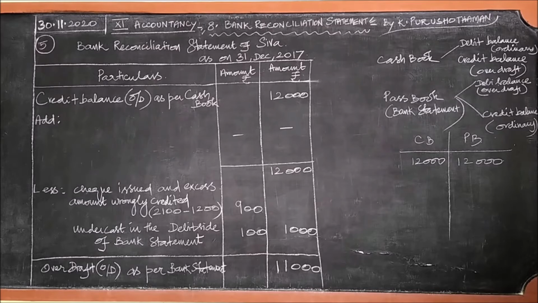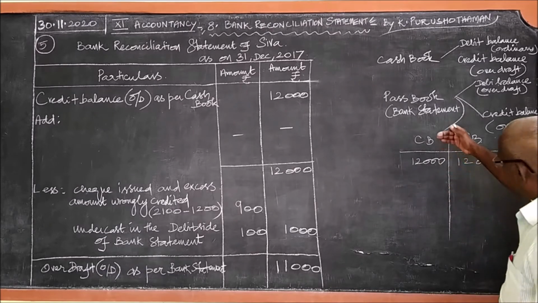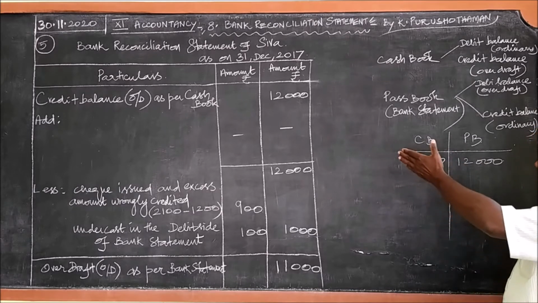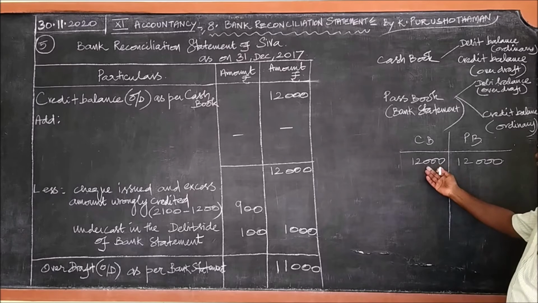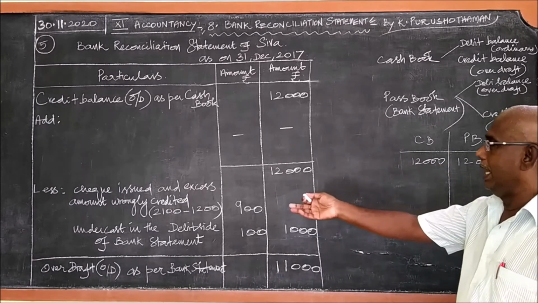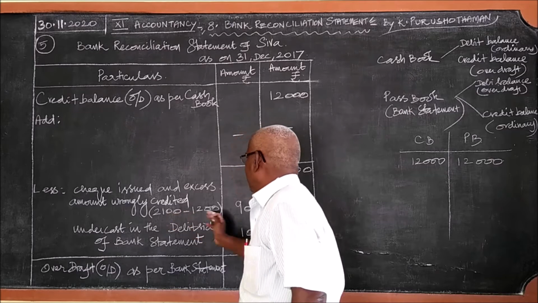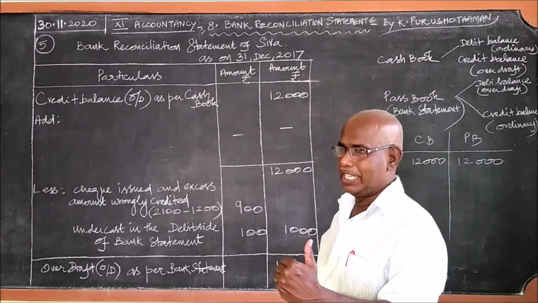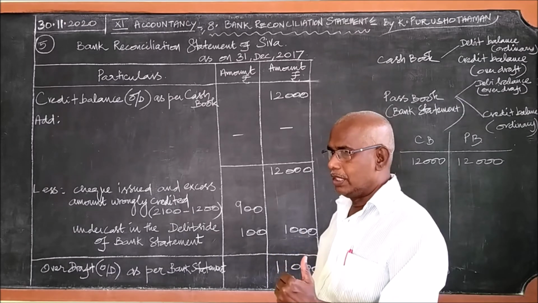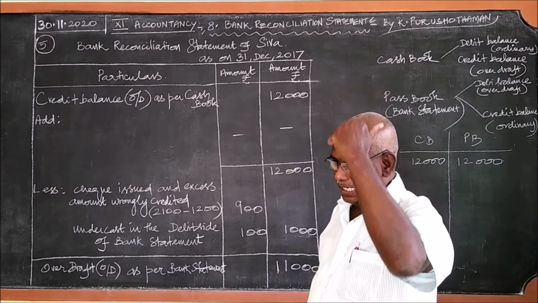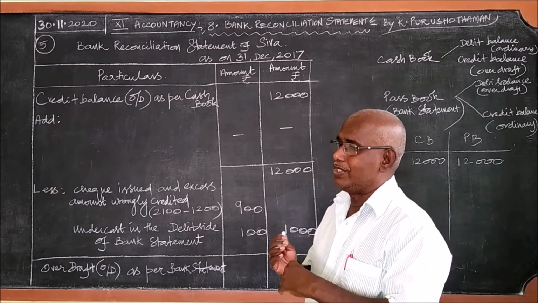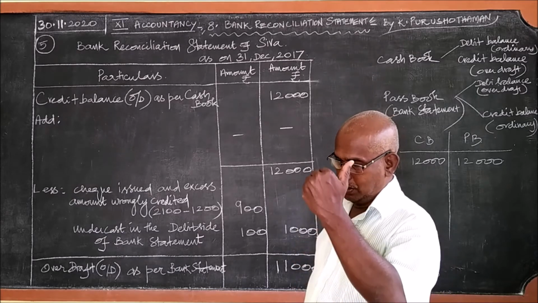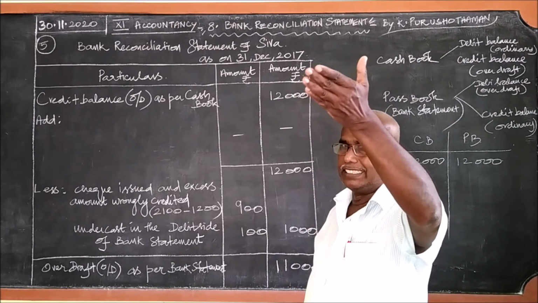Once the check is issued, the balance will decrease. So unnecessarily 2,100 has been entered in the cash book. How much excess has been entered? 900 excess has been entered. So the 900 rupees reduced should be compensated. For that, what do we have to do? If it is a decrease, add.